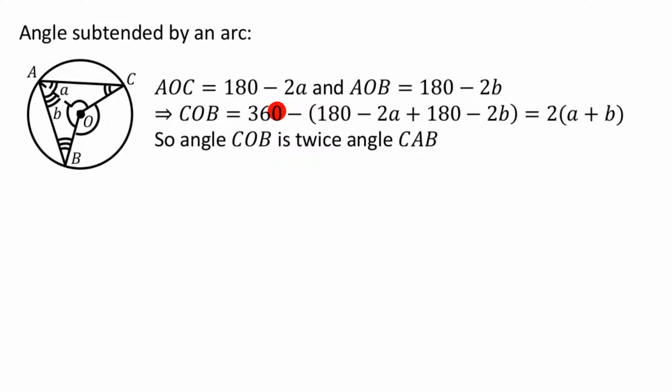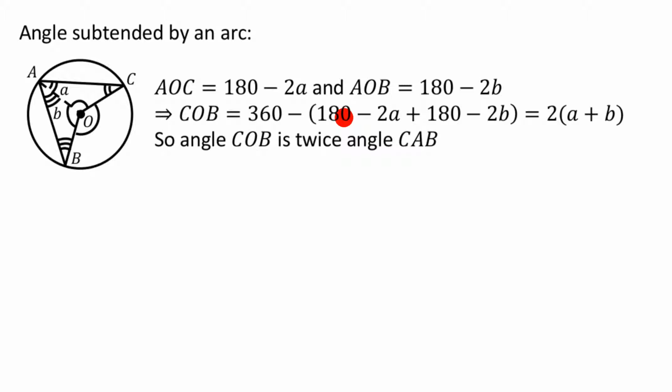So that's 360 minus (180 minus 2a) and (180 minus 2b). Or you could just add these two together and take it away from 360, which is the way I wrote it there: 180 minus 2a plus 180 minus 2b, put them together and take it away from 360 and you get COB.